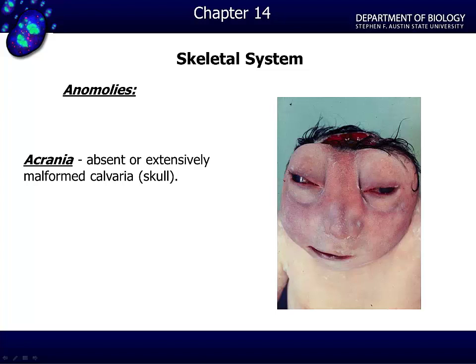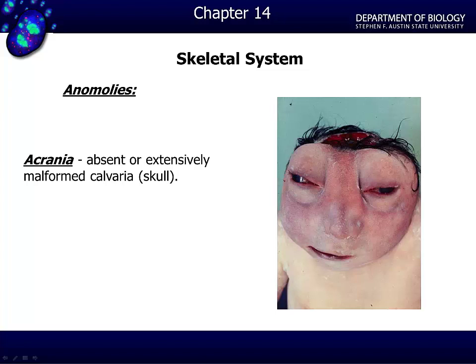So we fail to close the rostral neuropore, and therefore we did not develop our membranous neurocranium, the calvaria. And invariably when we do that, we are not going to develop the cerebrum as well. So with acrania, typically we have anencephaly, no brain. And this is a very characteristic look for these newborns that have acrania and anencephaly.